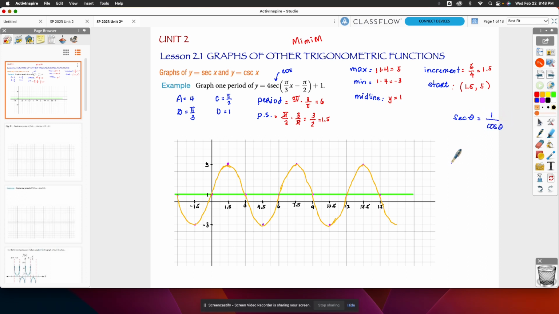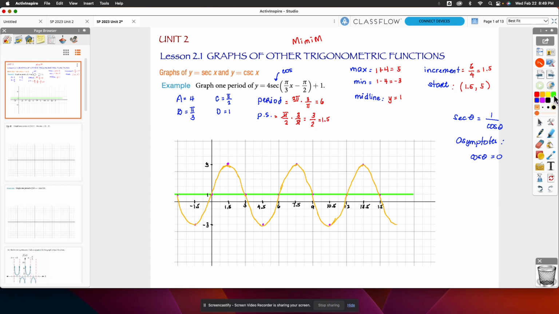In other words, you have asymptotes, and hopefully you remember what asymptotes are. You would have an asymptote whenever cosine theta is equal to 0 because your denominator cannot be equal to 0. And cosine theta is equal to 0 at the intercepts. So what we want to do here is draw the vertical asymptotes.